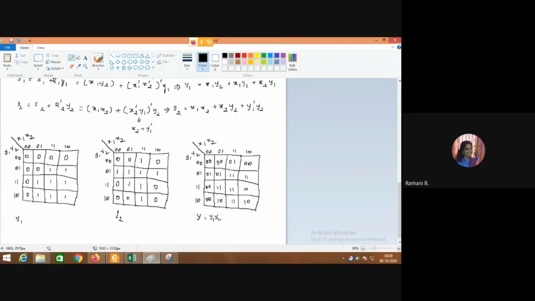So after combining this, we need to mark the stable states. So wherever the small y value is the same as capital Y, we circle them. So this is the transition table.